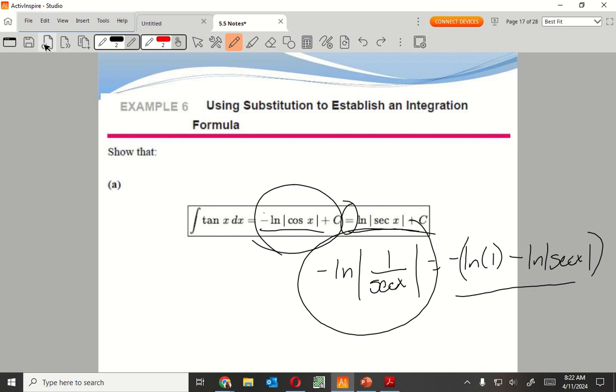That's the reason why both of these. And so when I distribute this, ln of 1 is 0, so that's a negative 0. And this turns into a plus ln absolute value of secant x.